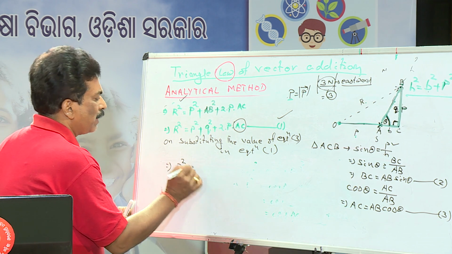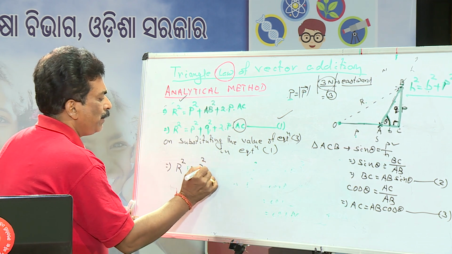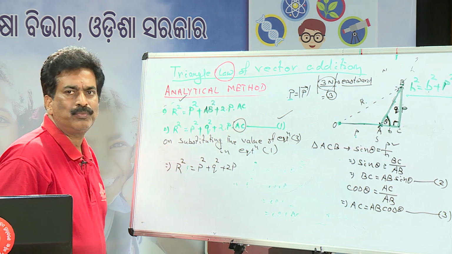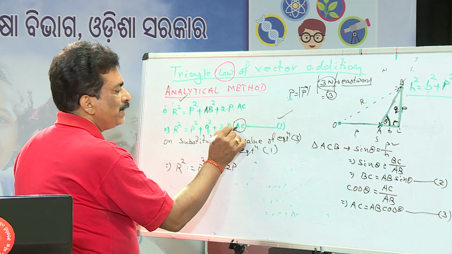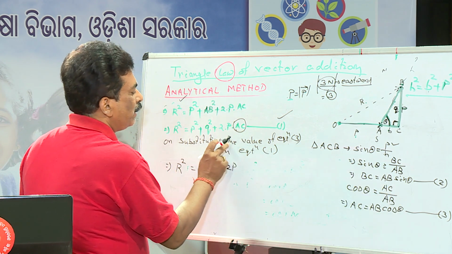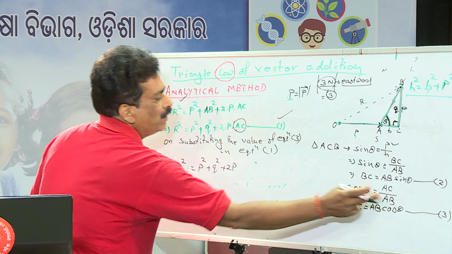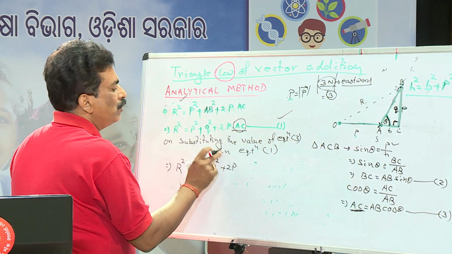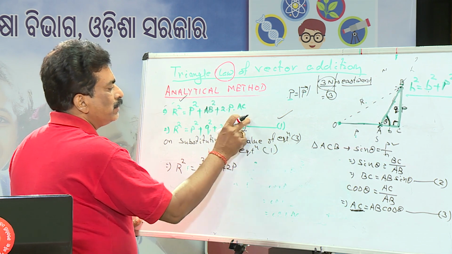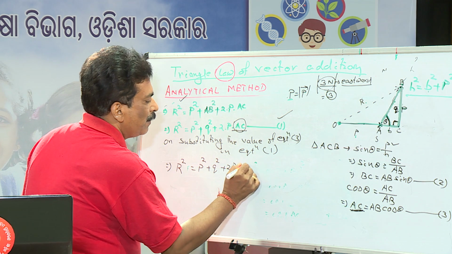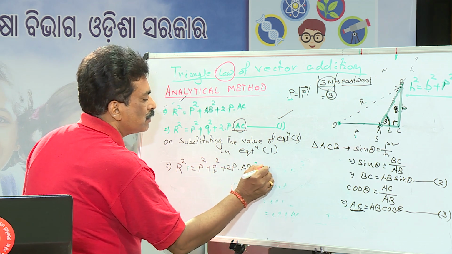R square is equal to P square plus Q square plus 2P of AC, where AC is the value from equation 3. So AC will be AB cos theta.